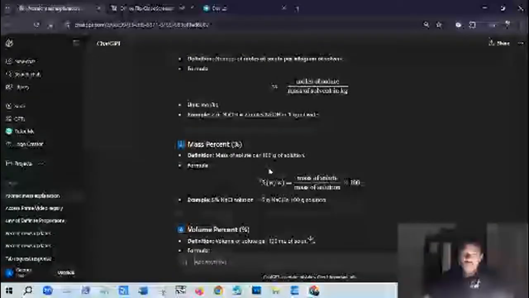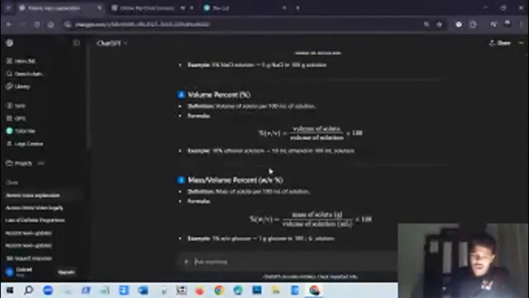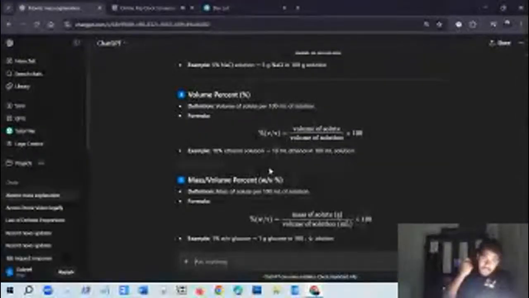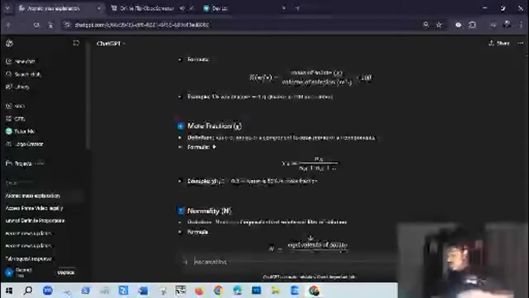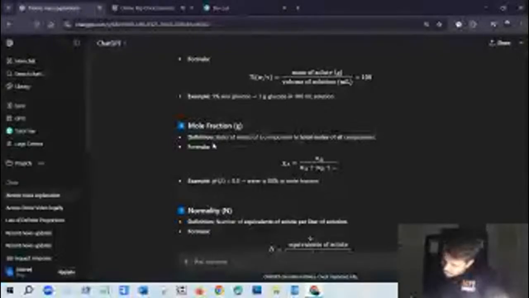Why is it mass? There is also volume percentage, but mass percentage is what we use here.